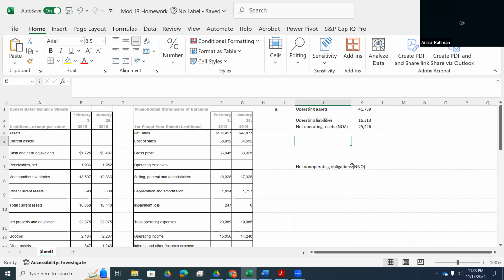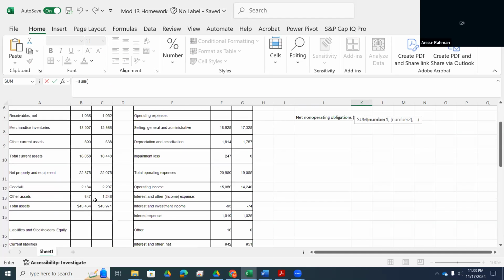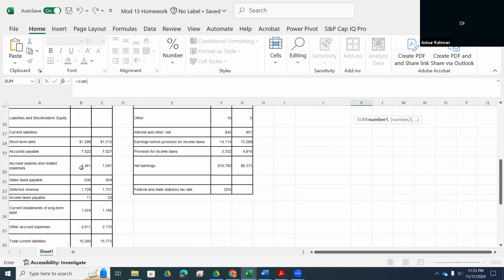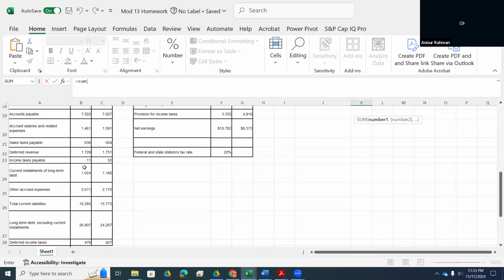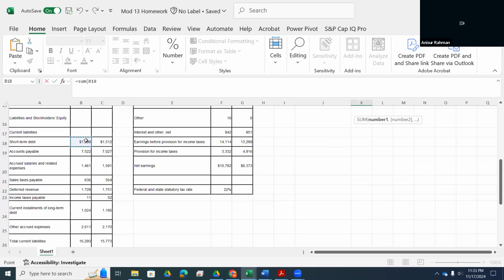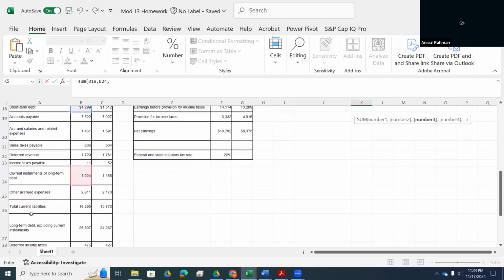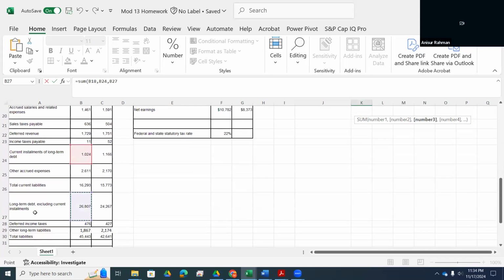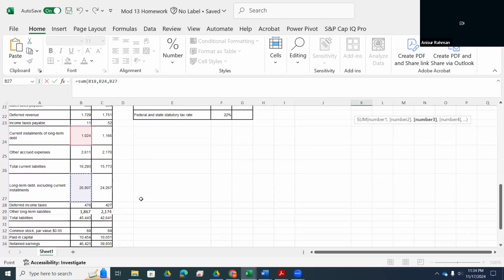So net non-operating obligations, we have to find out non-operating liabilities. So non-operating liabilities, again, sum. So our short-term debt, current portions of long-term debt, long-term debt. These three.